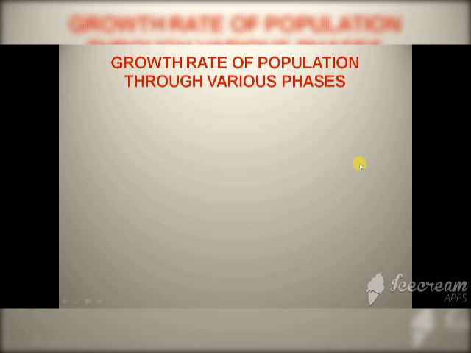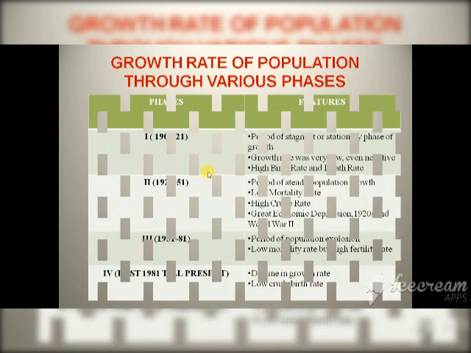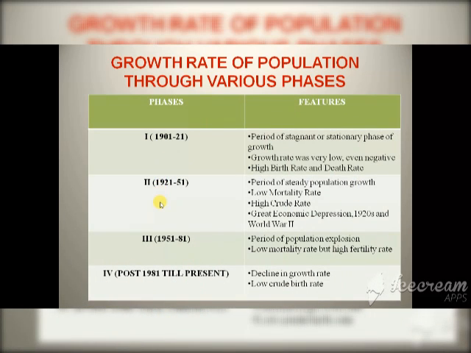Next comes population growth through different phases, and from there we will be discussing how our population growth has been changing. These are the four phases, as you can see: phase 1, phase 2, phase 3, phase 4. Phase 1 was from 1901 to 1921.